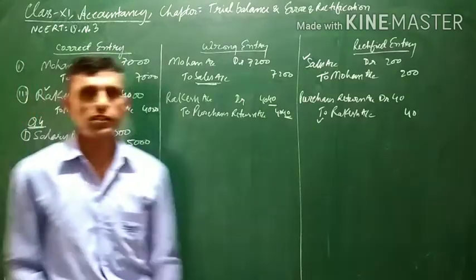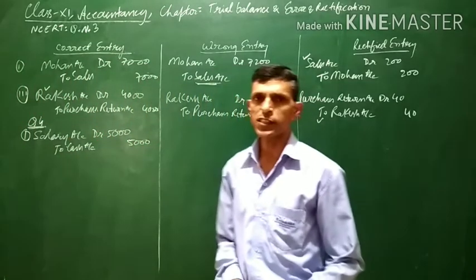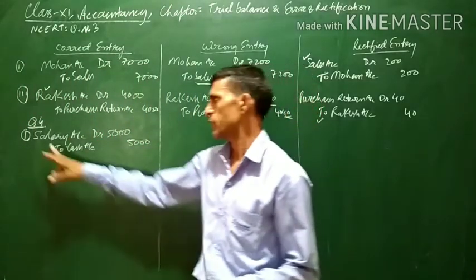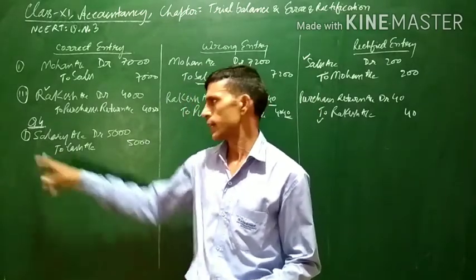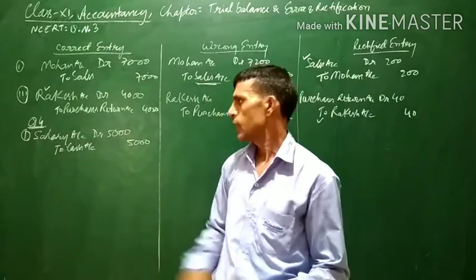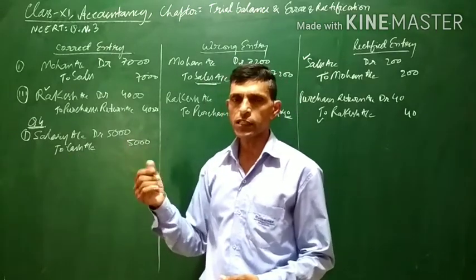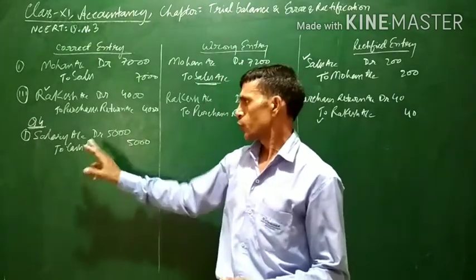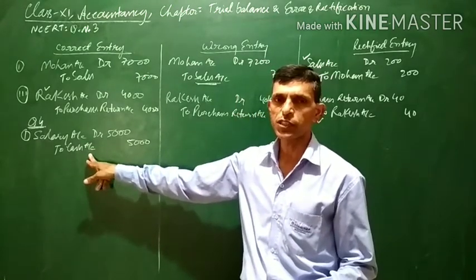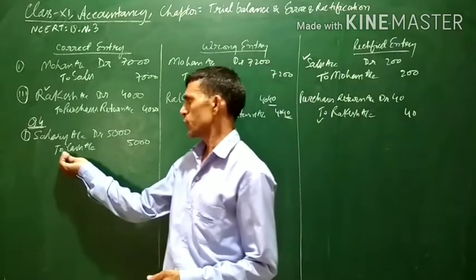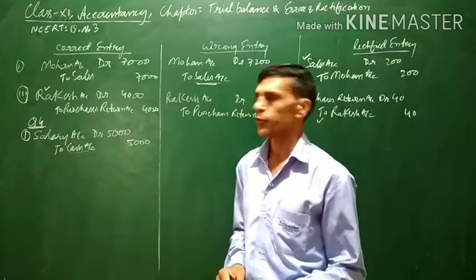When salary is paid, salary is an expense, and the rule for expenses and losses is debit all expenses and losses. So salary should have been debited, and you are paying salary in the form of cash. Cash is a real account, and the rule for a real account is debit what comes in, credit what goes out. Cash will be going out of the business, that is why cash will be credited.